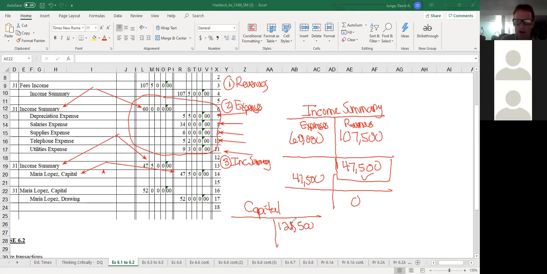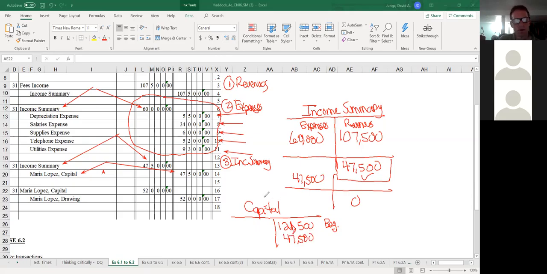You go back and look, and I'll go back in a second, but it was 121,500. That was the beginning balance. If we now post all of these closing entries, after this third one, we're going to be putting another 47.5 credit back into capital.